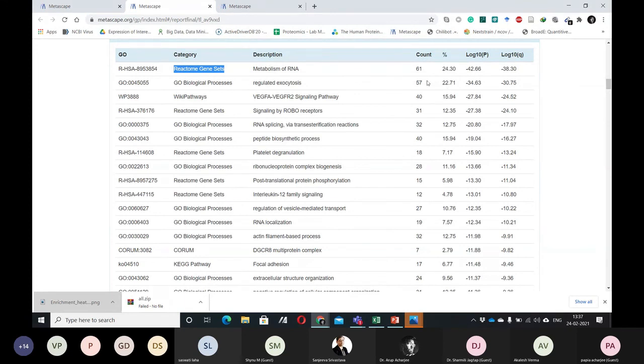Then you have percentage enrichment, which is how much of your data set actually matched with this particular pathway. And count is the number of genes involved in that pathway. So out of the 256 inputs that we put, 61 proteins were involved directly with metabolism of RNA.